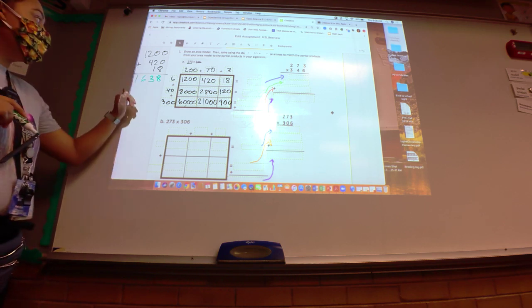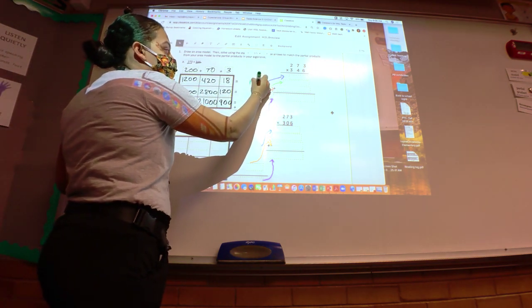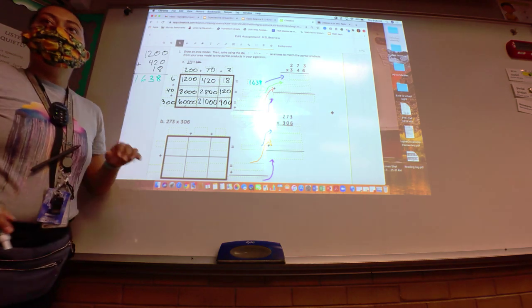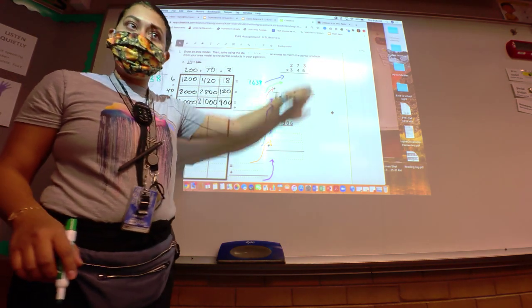So our first one is 1,638, which is also our partial product for this first part in the standard algorithm.